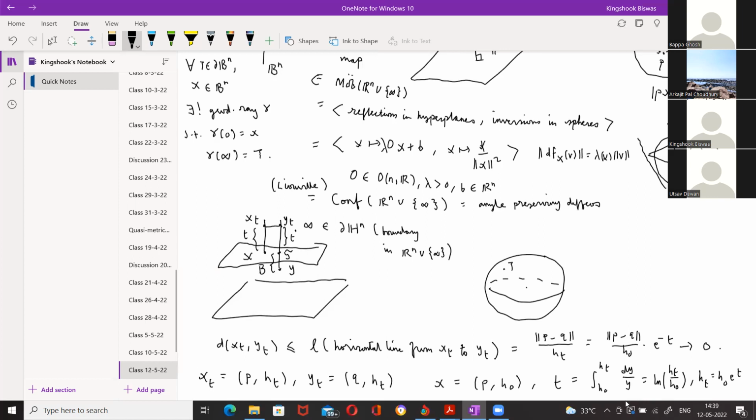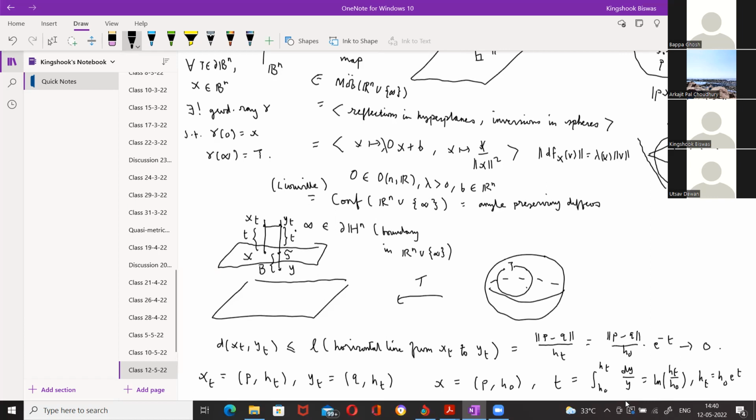So two points which start on the same horizontal plane, the distance between the vertical geodesics goes to 0. Now if I come back to the ball, this horizontal plane, what will it go to? Planes under Mobius maps go to spheres. Infinity goes to xi, so this will go to a sphere in the ball passing through xi, and it will be tangent to the boundary at xi.